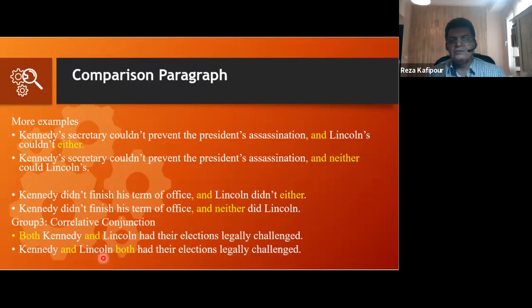Kennedy and Lincoln both, so both and or and both. Kennedy and Lincoln both had their election legally challenged. They are the structures that we can play with. We can write an academic text by using different structures.